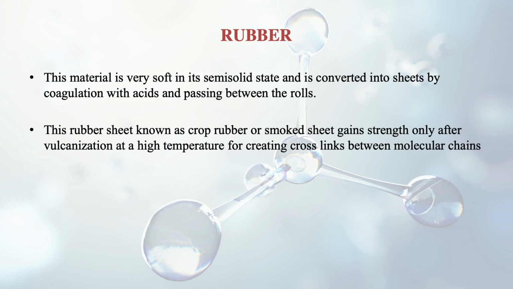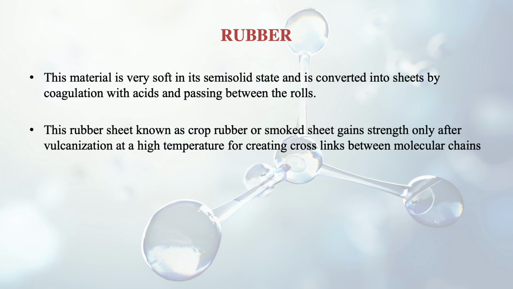So you put some acid in this rubber and then you place it between the rollers, so sheets will be formed. This rubber sheet is known as crepe rubber or smoked sheet, and the strength comes due to the vulcanization process which takes place at a high temperature.